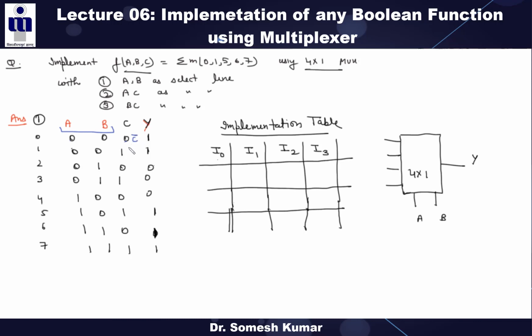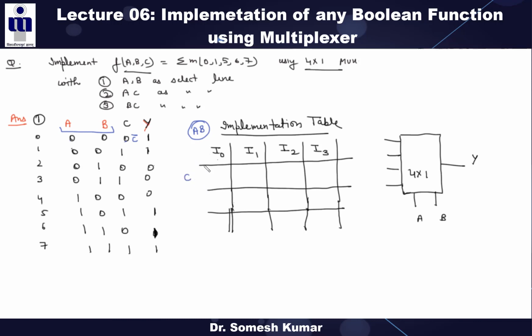In the implementation table, AB is the select lines, so your I0, I1, I2, I3 consist of what? Your input only consists of C, maybe C bar, maybe 0, maybe 1. These are the only possible things, right? So there are two possibilities.